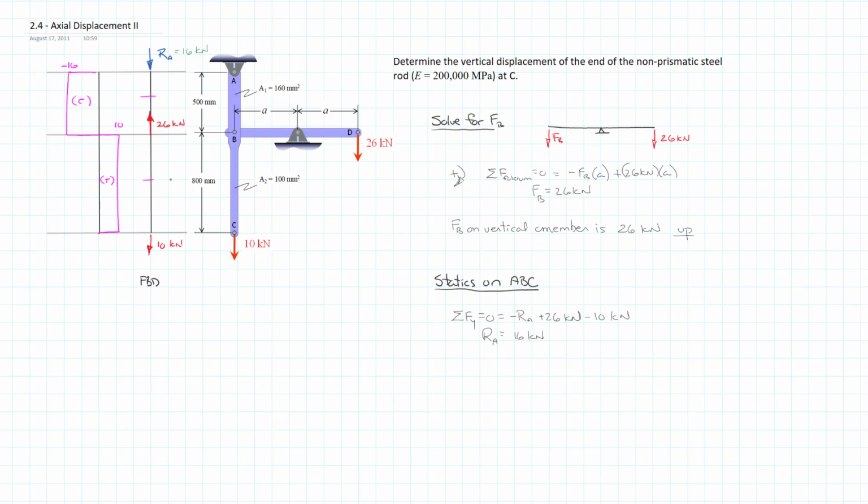So we know all of the internal loads between A and B. There's two different loads and two different cross sections. So they happen to line up. So we're going to have two different sections.